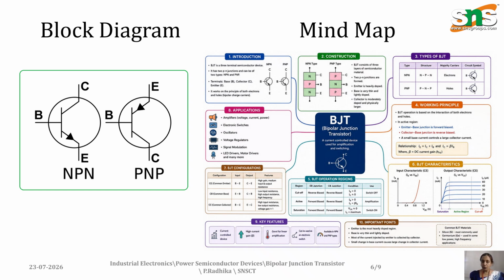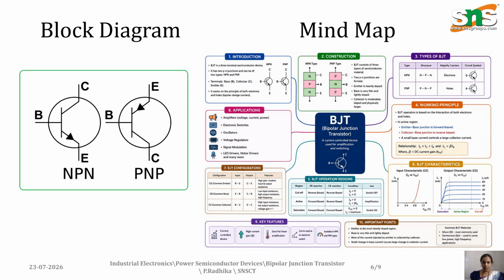The current which flows through the collector is IC. The voltage between the collector and the emitter terminal would be VCE. The voltage between the base and the collector will be VBC. The voltage between the base and the emitter will be VBE.